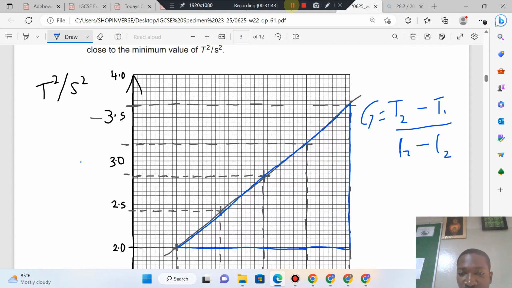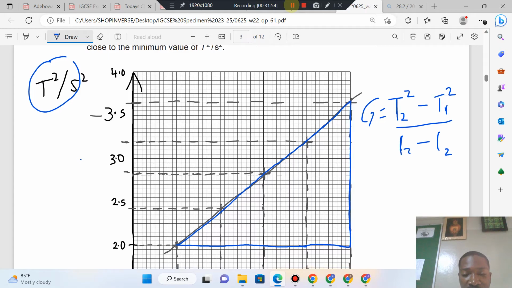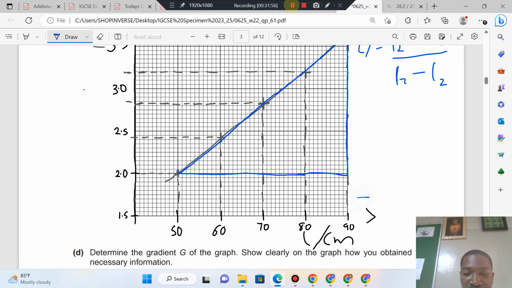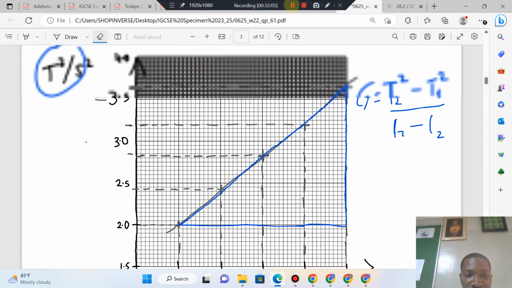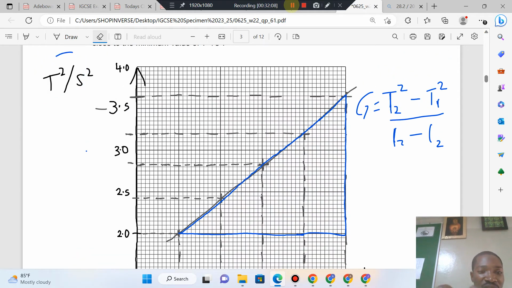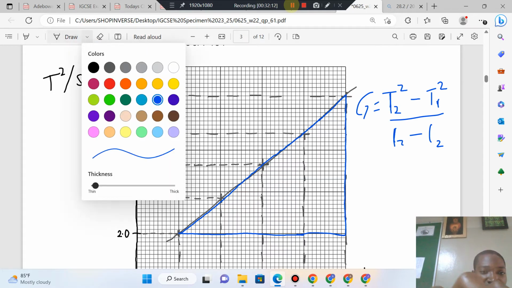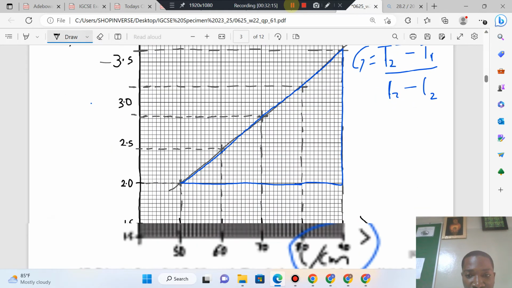So the value on the vertical axis will now be T2 squared minus T1 squared, because it is T squared you plotted against L. That's why we are using T2 squared and L on the horizontal axis. If it was a graph of T against L, then we'll be using T2 minus T1 over L2 minus L1. I hope you understand how we got those values.